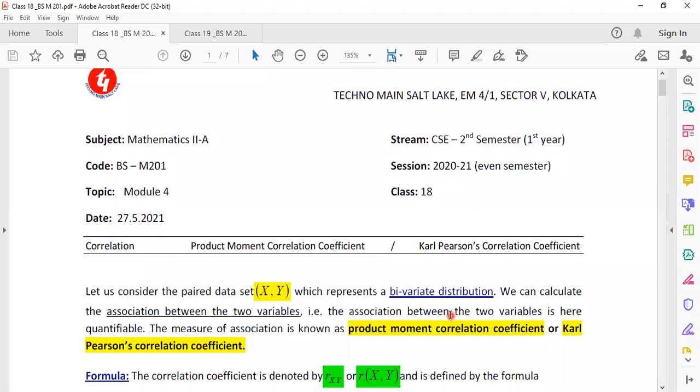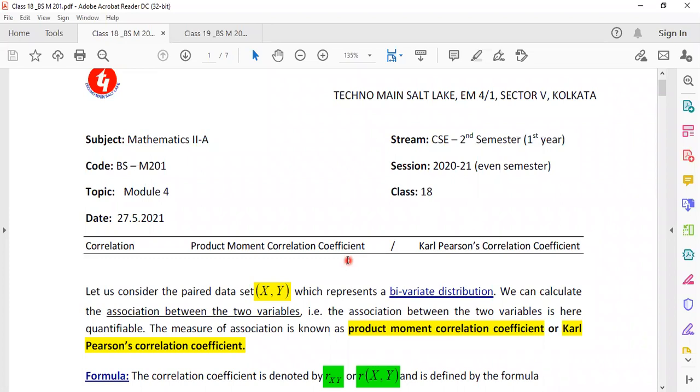Say for example, if I consider a random variable capital X to be the price of petrol, the hike in the petrol price during the last year, and suppose capital Y is the student's mark in a certain examination. Suppose I am considering the association in this manner.